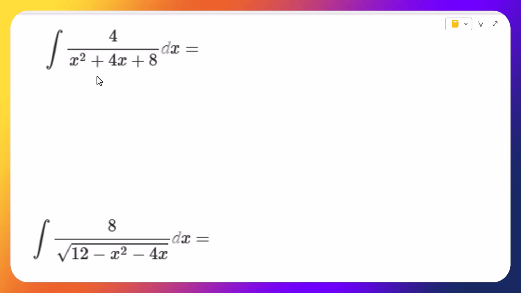How do we complete the square? Okay, well, it requires this a and this b. A is 1, b is 4. What we are going to do is first figure out what we need to add to make this correct, and we're going to add b over 2 squared.